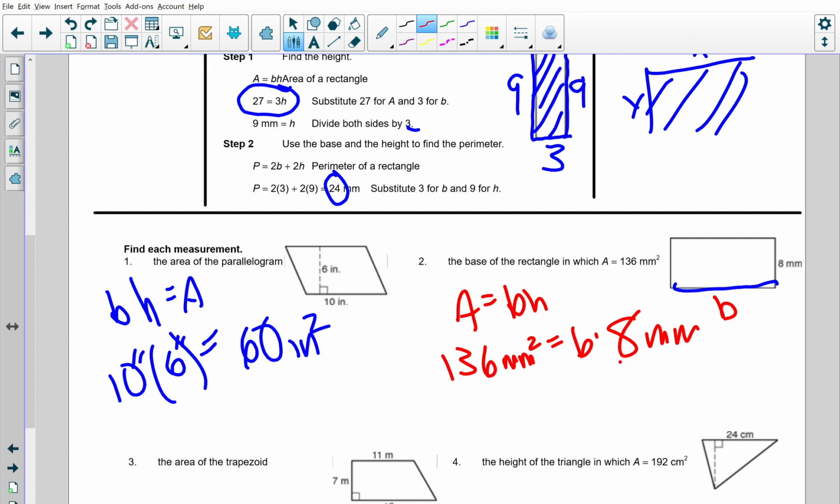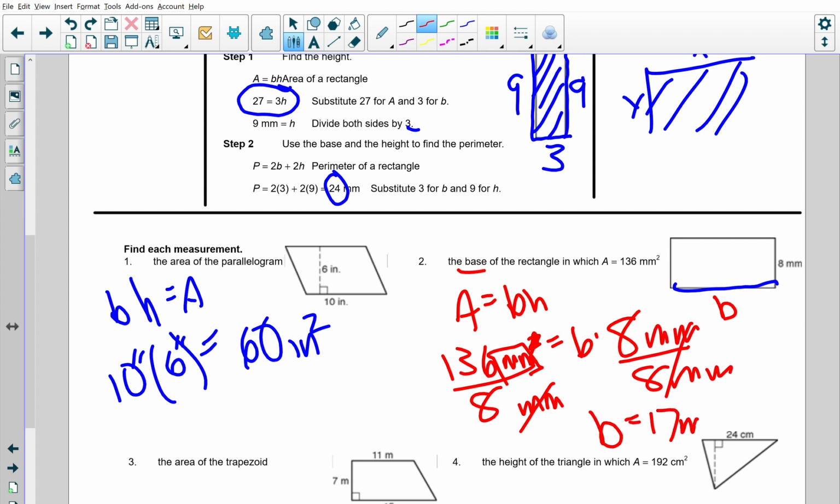Well, when you divide both sides by 8 millimeters, notice millimeter cancels out with the square part, leaving you with just millimeters, which is good because we're looking for a linear distance. 8 goes into 136 17 times.